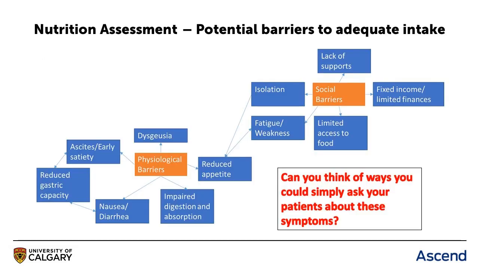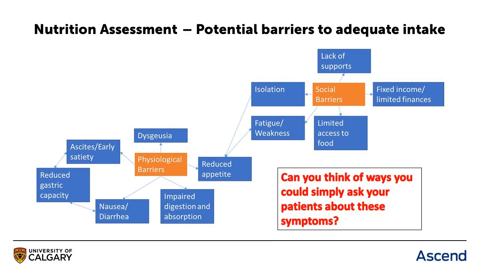So this is, as promised, the potential barriers to adequate intake. This is just an infographic to really exemplify that there are multiple barriers in patients with liver disease to achieving adequate intake. It's not just unifactorial. There's a lot of factors influencing things. So there's physiological barriers, which we discussed earlier. You guys were all really good at guessing.